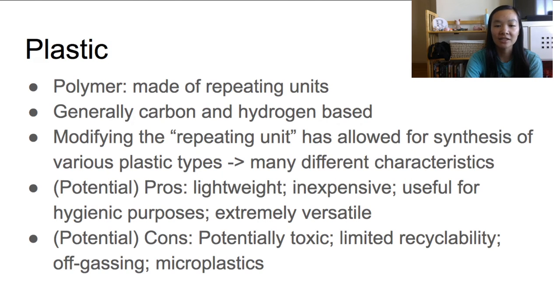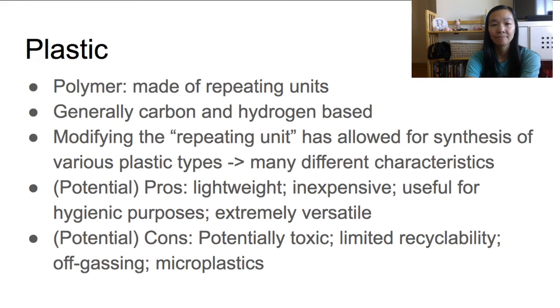Okay, plastics. When I say plastic, it's a very large category, and it's difficult to name any characteristic about it just because there are so many different kinds. The thing about plastics is it's a polymer, which means plastics are made of repeating units, and they're generally carbon and hydrogen based, although some plastics don't have much hydrogen in them, but definitely carbon.